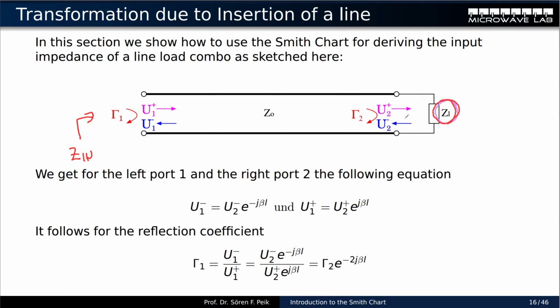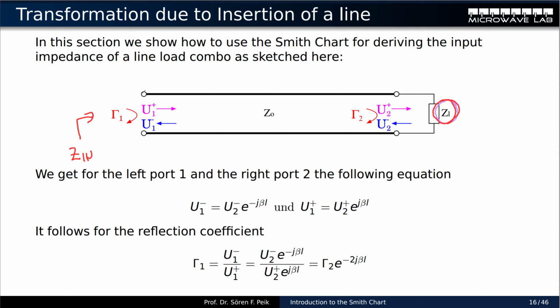The gamma 2 value here at the load is my incident wave U2 plus, and the reflected wave U2 minus, the ratio between the two. On the input side, you get another gamma value, which is a ratio between U1 minus to U1 plus.